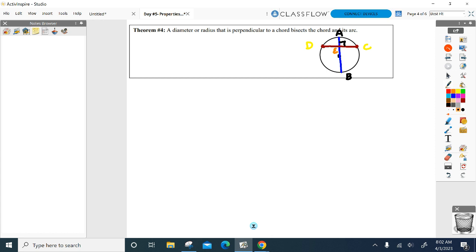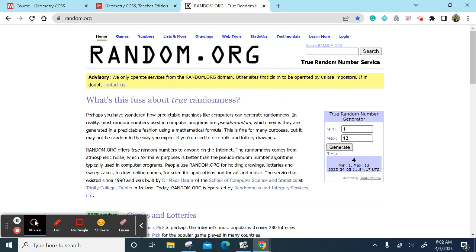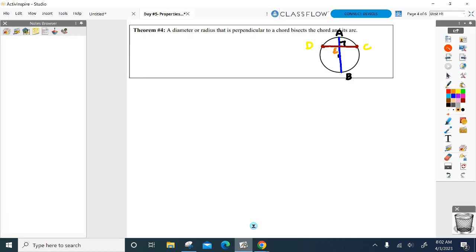The chord gets bisected. Bisected meaning, up on my diagram, what do you know is true then? Give me something that's true if you know the chord is being bisected. The diameter is perpendicular to the chord. That tells me the chord is being bisected.